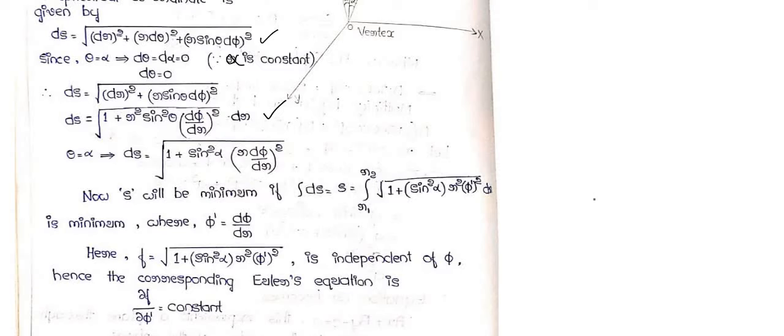Observe here, phi means y in the general formula, phi dash means y dash. Hence the corresponding Euler's equation is, here you can observe there is no phi.